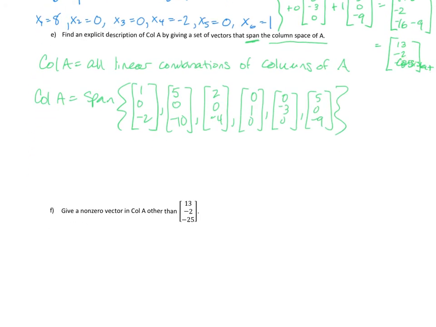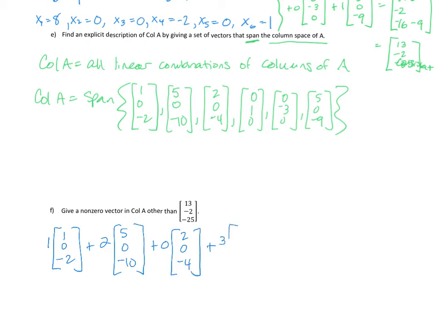Okay. Give a non-zero vector in Col A other than 13, -2, -25. Take any weights, throw them on the columns of A, and add them together. Zeros are the easiest, but maybe I'll change it up this time. I'm going to put a 1 on 1, 0, -2, a 2 on 5, 0, -10, a 0 on 2, 0, -4, and a 3 on 0, 1, 0, and then we'll put zeros on the rest.